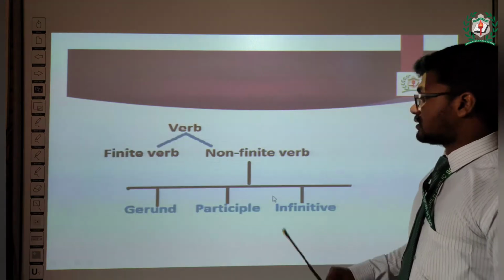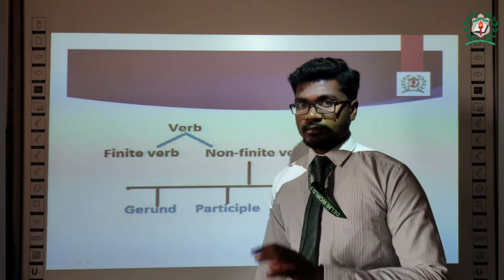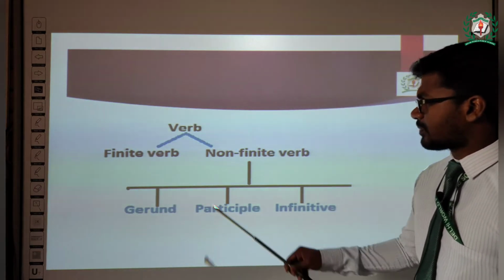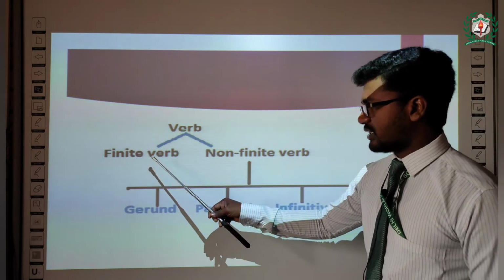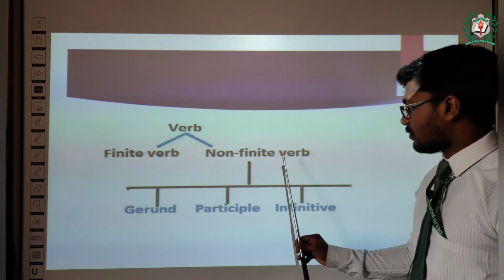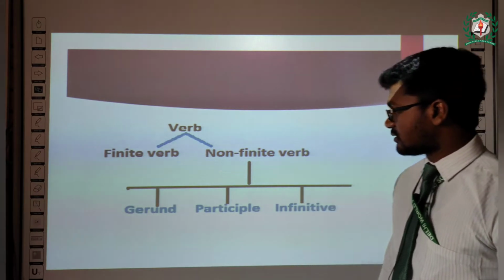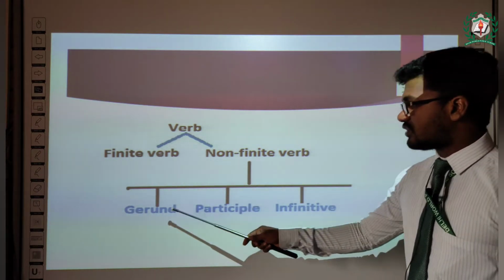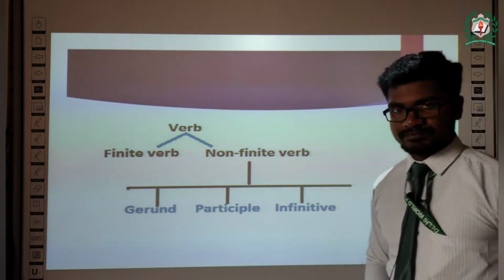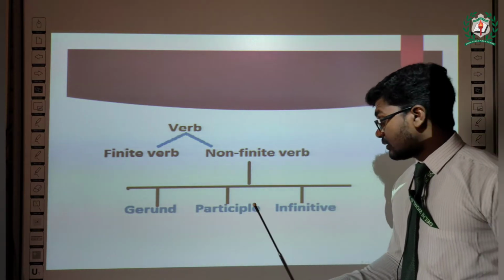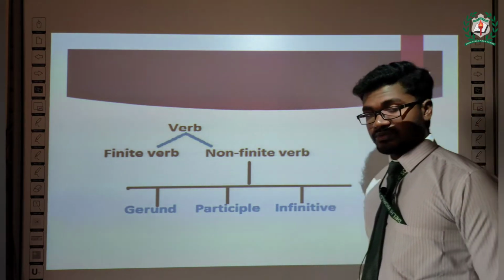Good. Now, let's see about the categories, the types. Finite verb, we have already seen. Non-finite verb, we have already seen. Okay. Now, there are three types under non-finite verb. First is gerund, participle, infinitive.